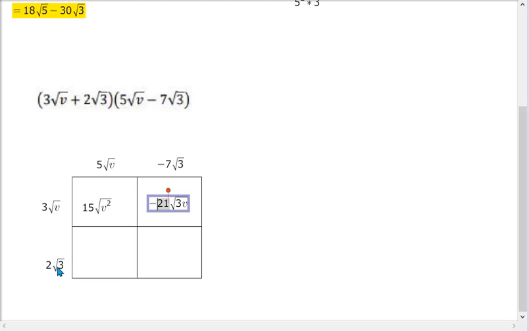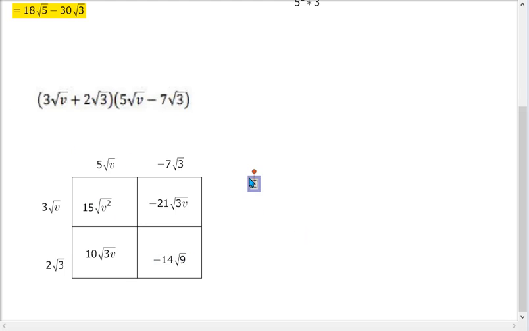Now we are going to continue. 2 times 5 gives us 10, square root 3 times b gives us 3b. Finally, we have 2 times negative 7 gives us negative 14, square root 3 times 3 gives us 9.